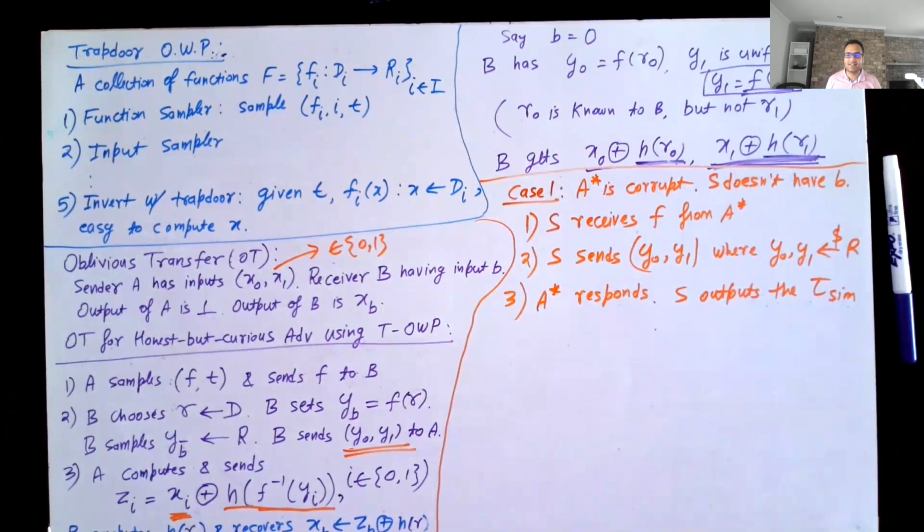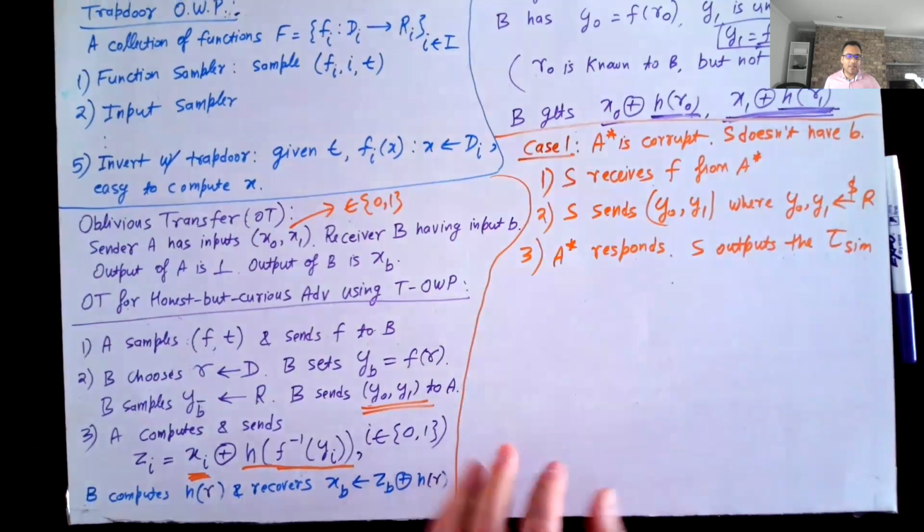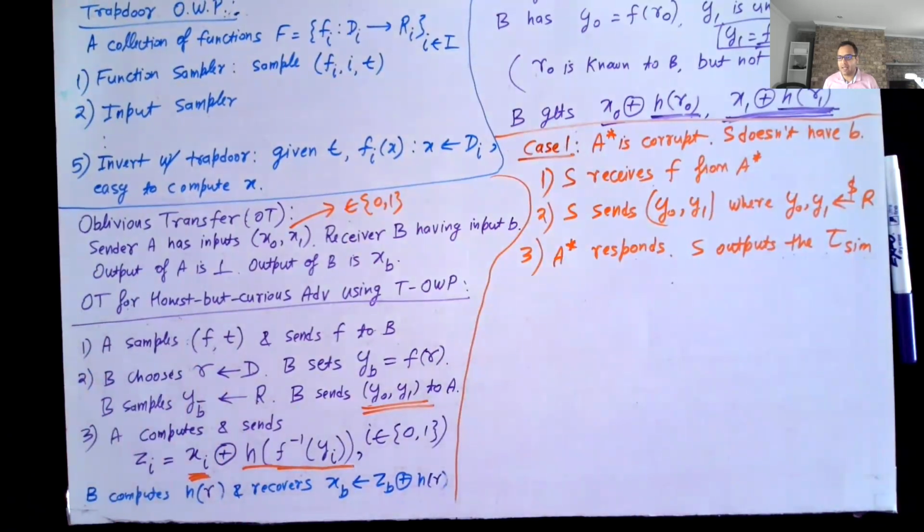So there's no rewinding, nothing. No trying multiple times. This protocol, the oblivious transfer protocol, as we discussed, unconditionally hides the bit B. So the simulator doesn't have to do any funny business.